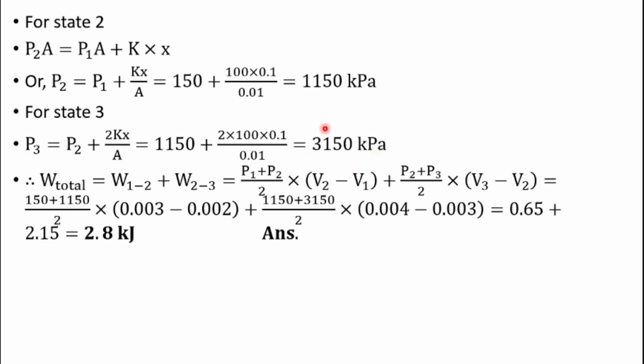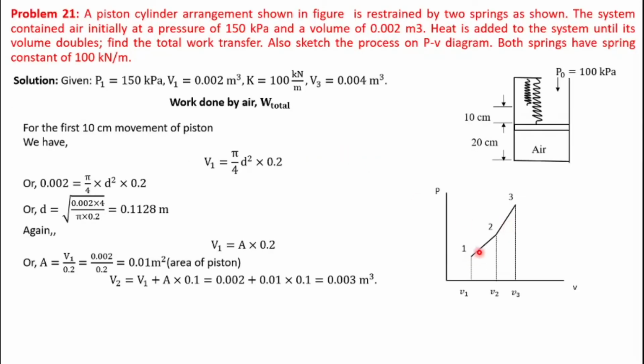So now calculate the total work. Work will be the work done during process 1 to 2 plus the work done during process 2 to 3. This can be easily calculated because both have a trapezoid shape, so you can find the area, and the area gives the work done. For state 1 to 2, the area will be the average of the two parallel sides, P1 plus P2 by 2, into the distance between the parallel sides, that is V2 minus V1.